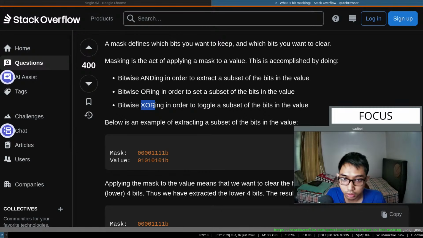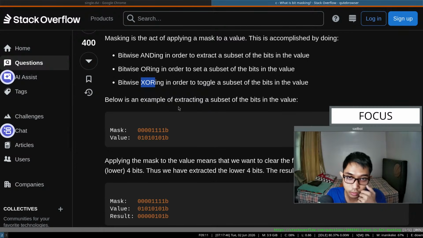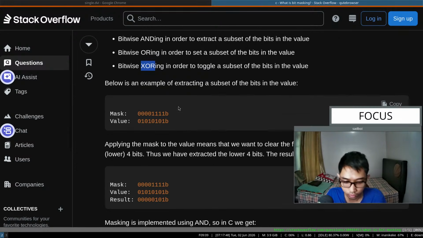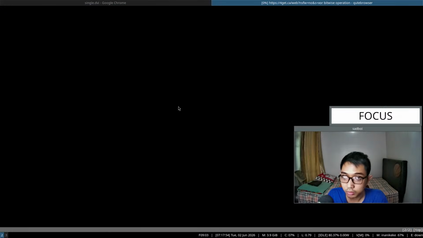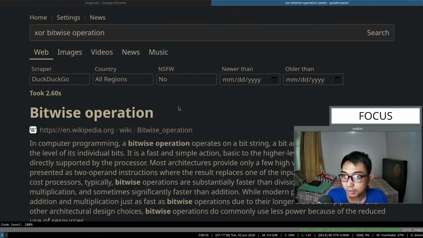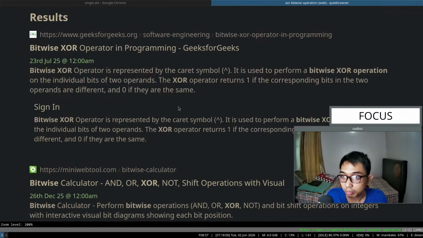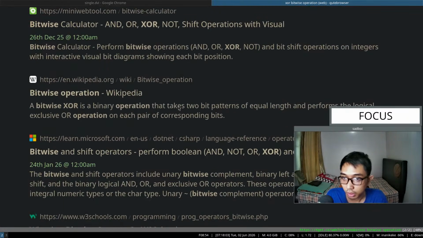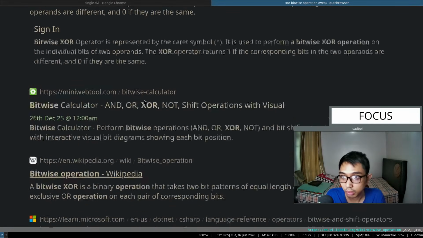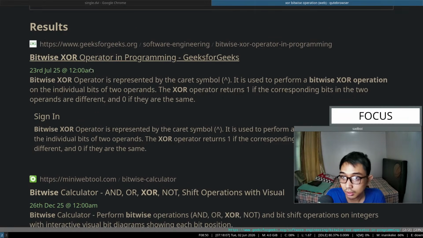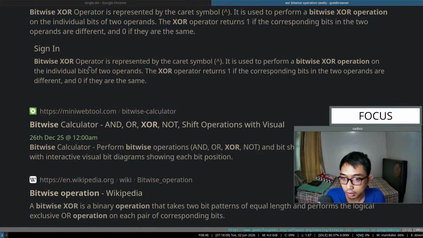Yeah, what is XORing? Let me check. Bitwise operation. Yeah, I'm calling the bit operation as bitwise operation. Something like that.